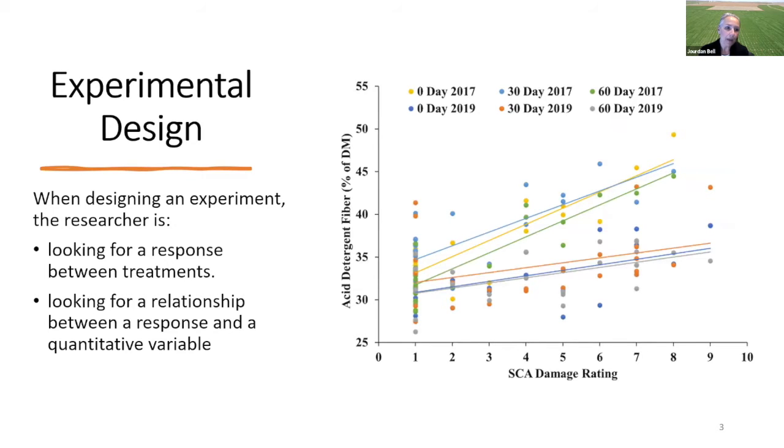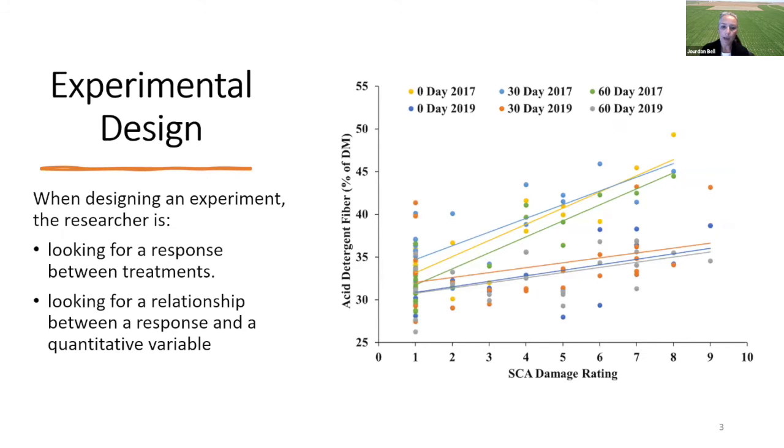So when we talk about experimental design, we are looking for, of course, responses between treatments, as well as looking for a relationship between a response and a quantitative variable. So for example, I just put a plot here from some data that I have. This was actually data that I collected with Ed Bynum, who was our extension entomologist at Amarillo.